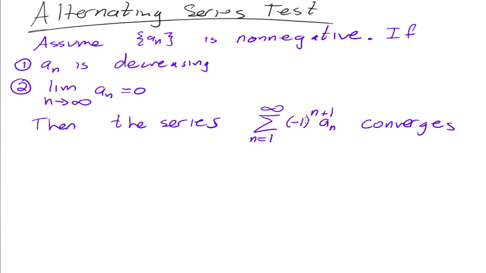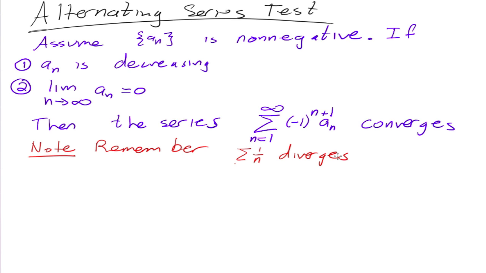Okay, so what this says, we'll prove it in a minute, but just a little note. You remember the harmonic series? The series 1 over n diverges, right? We showed this multiple times.